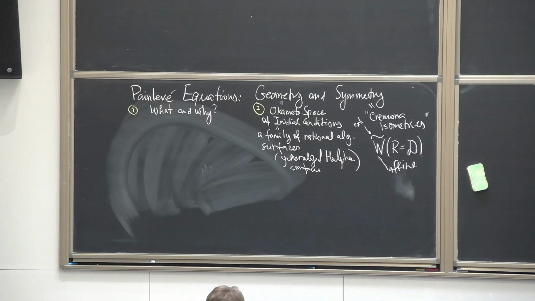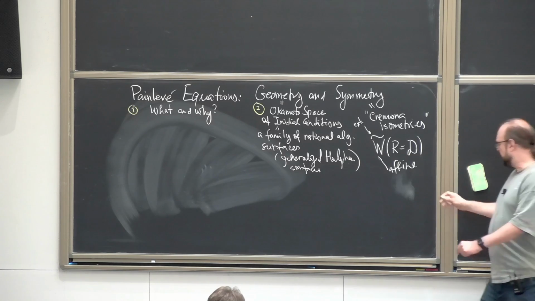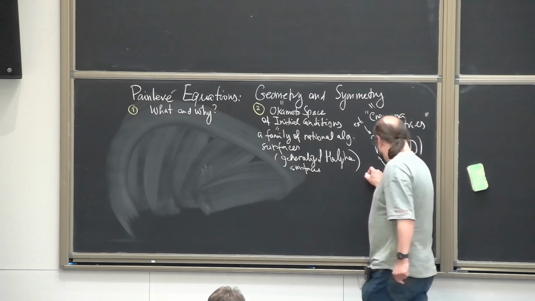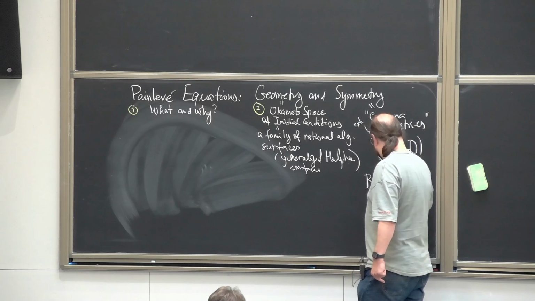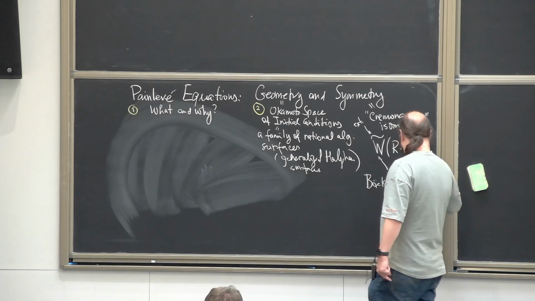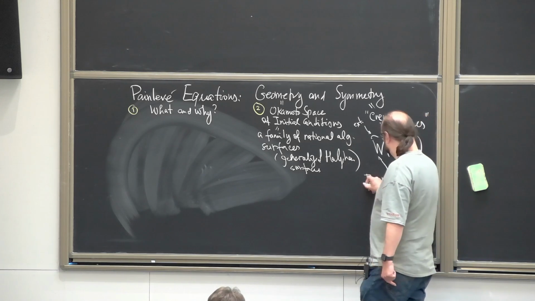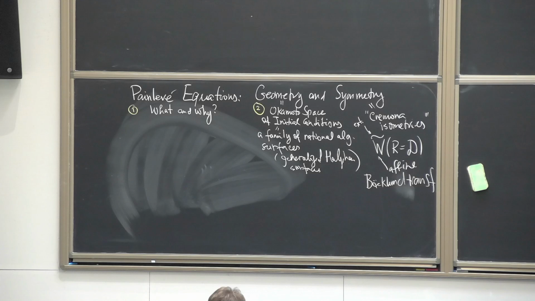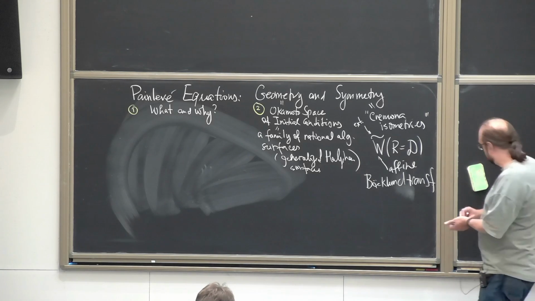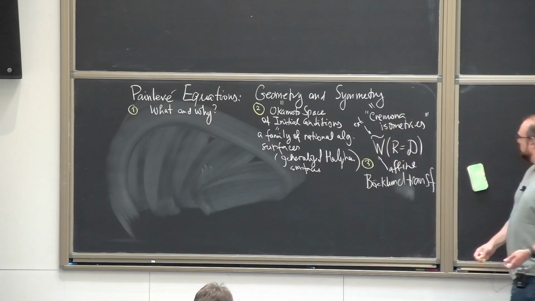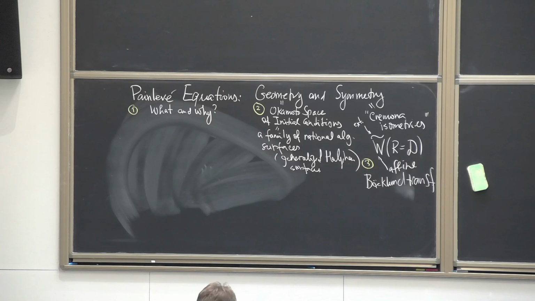And the nice thing about this is by looking at geometry, it's clear how to compute these symmetries. And what the symmetries do, they create symmetries of your equations. They are known as Bäcklund transformations. So Bäcklund transformations, these are symmetries of your equations.